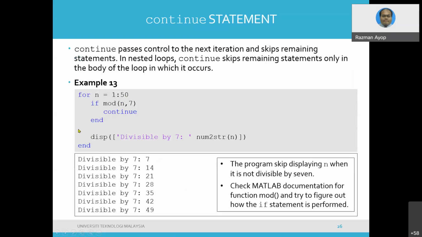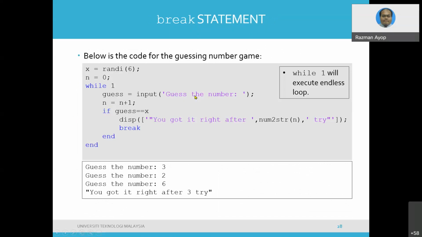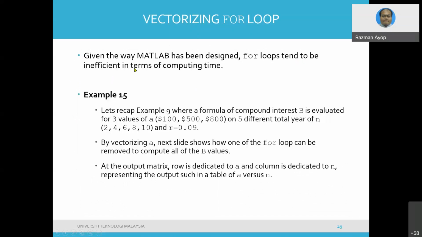So basically it runs the same code over and over again, so it is not efficient. It is inefficient, and which results in longer computing time. If you run the program, it takes time to complete, especially if your program is complicated.